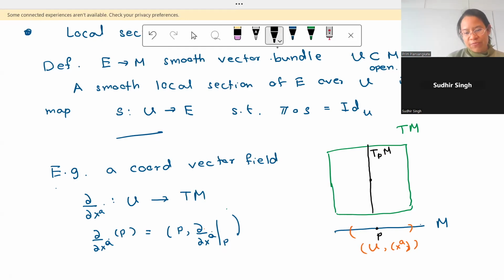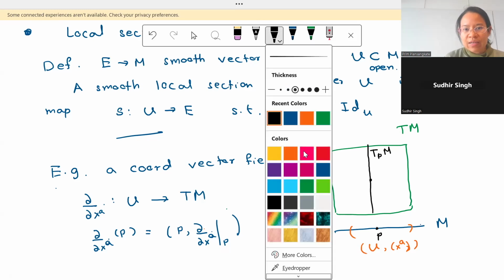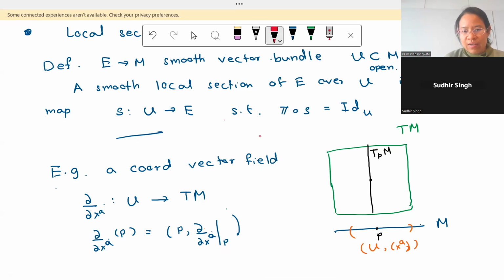And then if you vary P, you have the vector field. So it looks like a kind of cross section. That's why we say a section here. Okay.